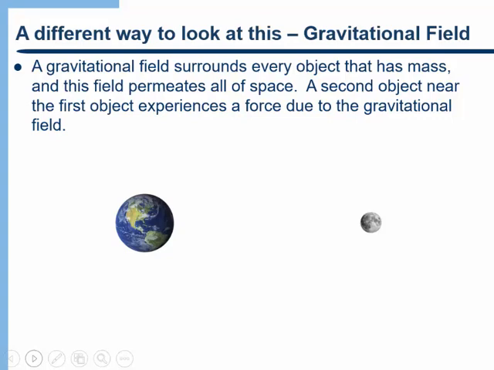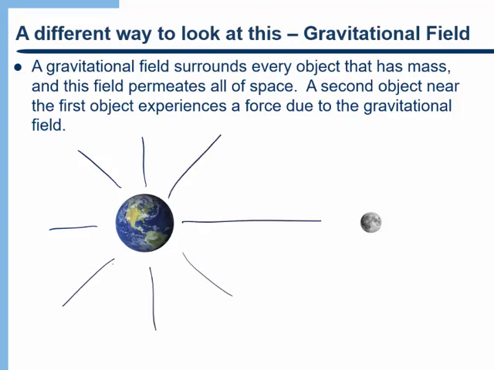Instead of thinking the Earth directly exerts a force on the moon, or that the sun directly exerts a force on the Earth, we think of the Earth creating a gravitational field going off in all directions. The moon experiences a force not directly because of the Earth, but because of the gravitational field it's in that was created by the Earth.